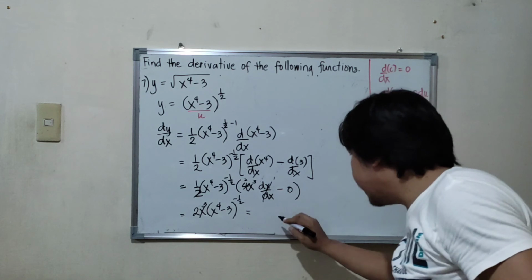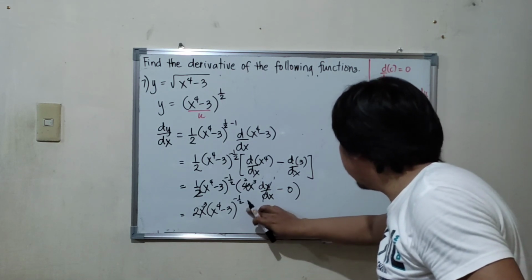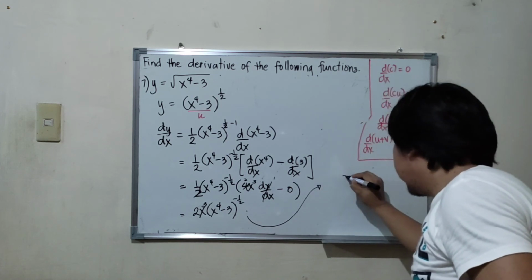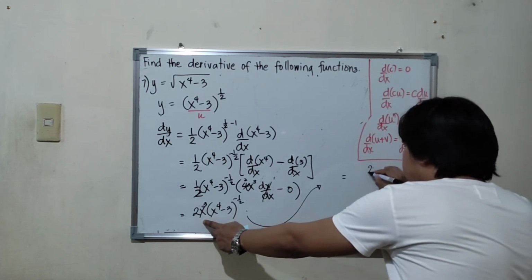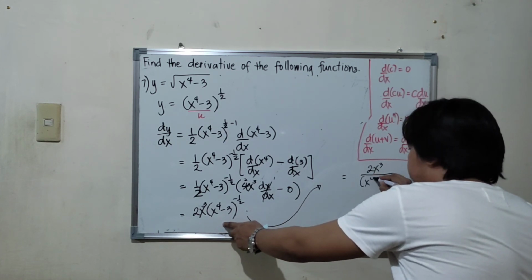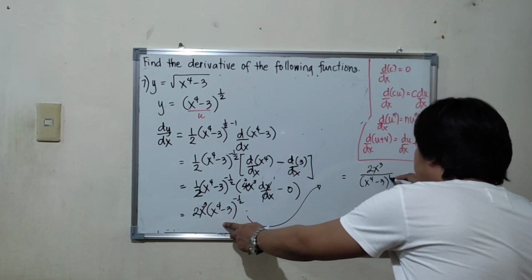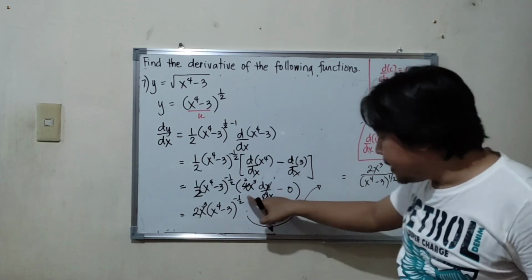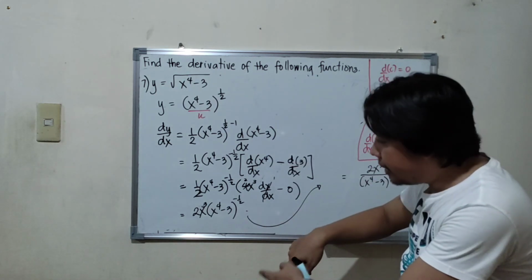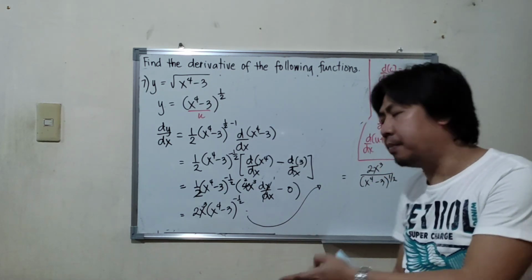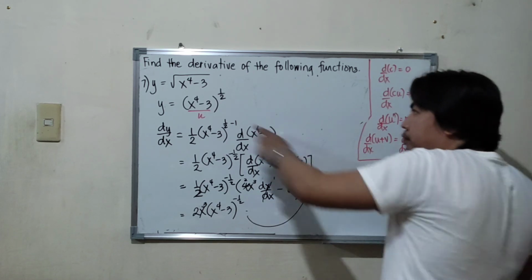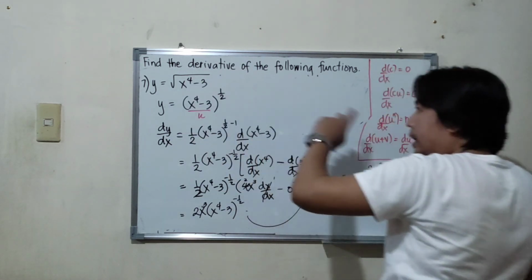Okay, so therefore, the final answer now is equal to, so sulat natin dito. Okay, so pakita muna natin, we have 2x cubed over x to the fourth minus 3 raised to positive 1 half. Since negative exponent, so we can put that in the denominator, and then the exponent will become positive. Okay, then now change 1 half to radical, so that is square root.